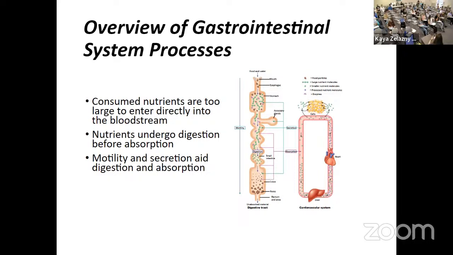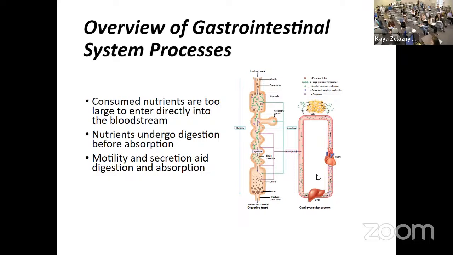So that's the motility. Motility is movement. And we also have secretion. Secretion is going to be really referring to the fact that we're going to be pumping a bunch of enzymes into your GI tract to help with the chemical breakdown of these molecules that you're going to need in order to digest and ultimately absorb the nutrients in your food.